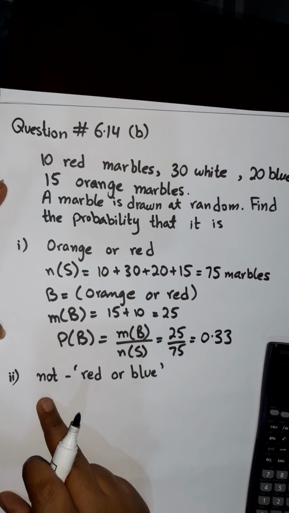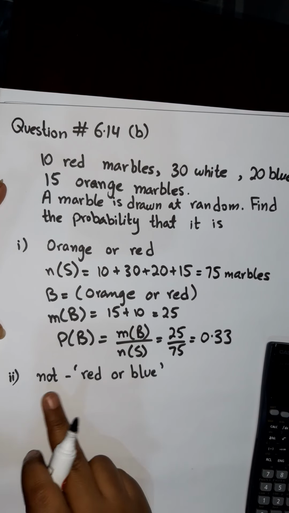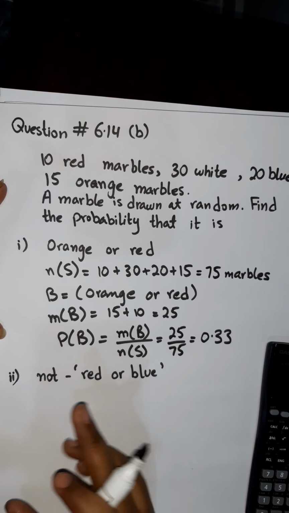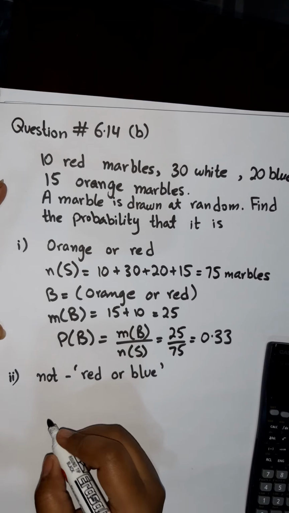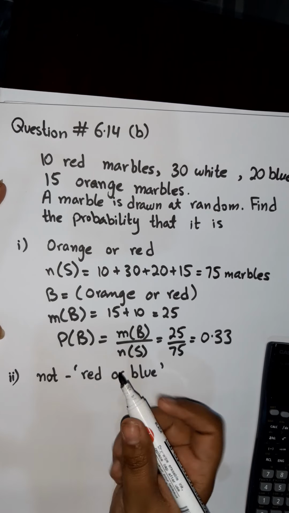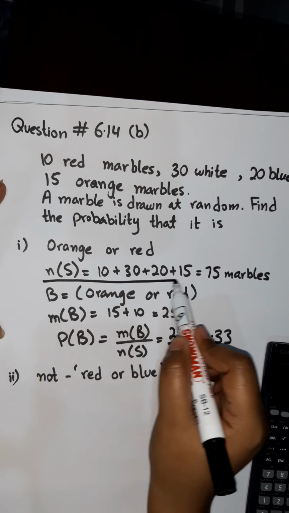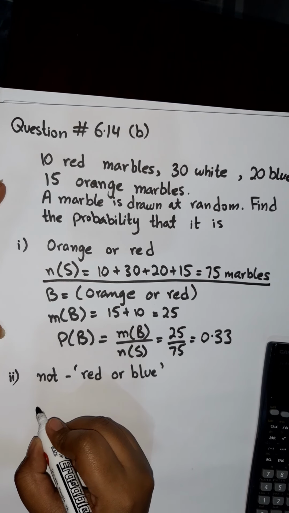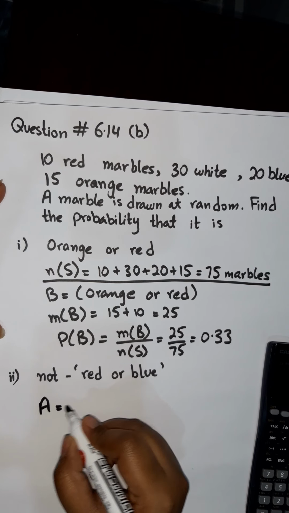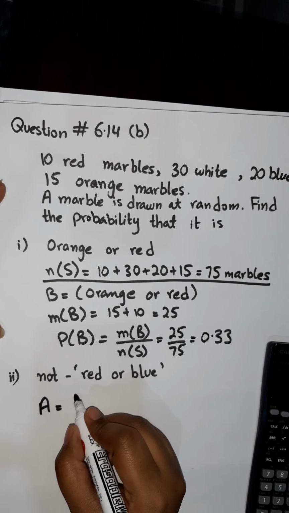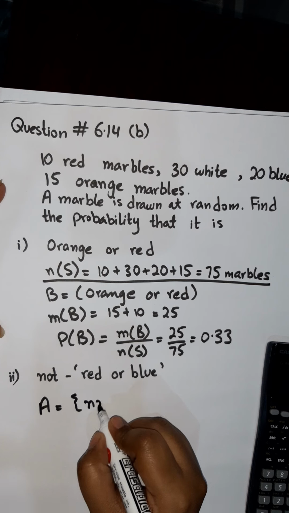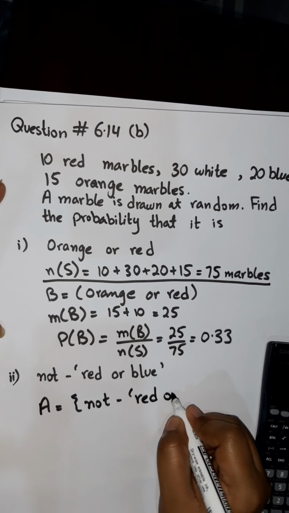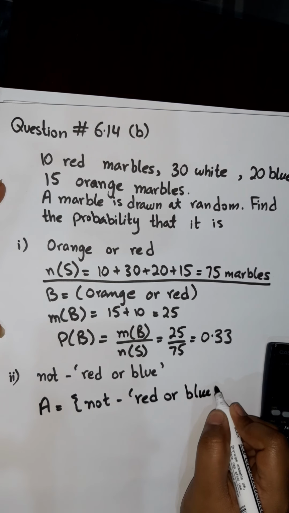Okay, now the next part says that the marble should be not red or blue, and it should be of other colors. So S, the sample space, is the same, so we are not going to write it again. We are just writing the event A, which shows not red or blue.